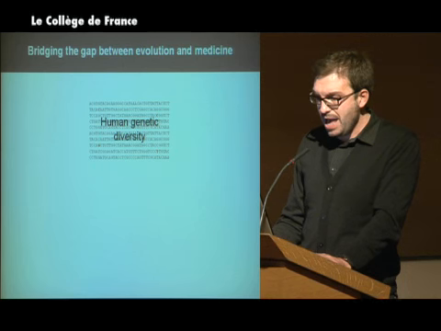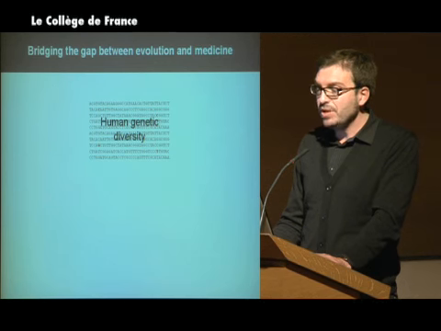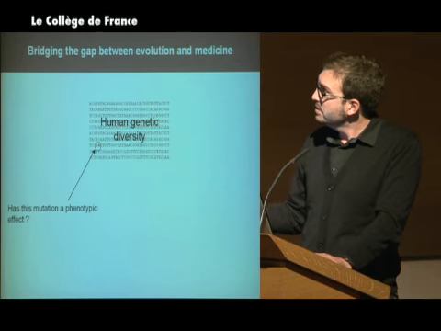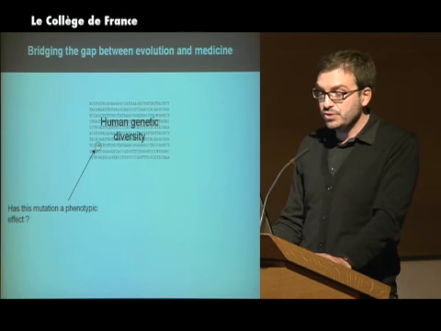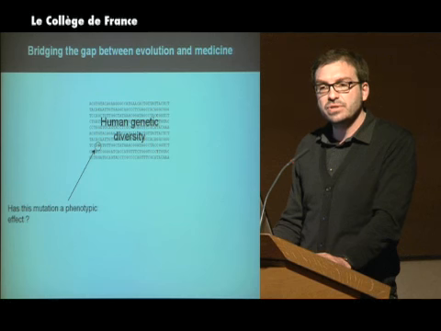So, to finish, I hope I was clear enough in showing the interest of bridging the gap between evolution and medicine. With this kind of tools, like diversity, we can address questions such as, does this mutation have a phenotypic effect? Is this mutation associated with better survival against malaria? Is this mutation associated with a better reaction to the vaccine?